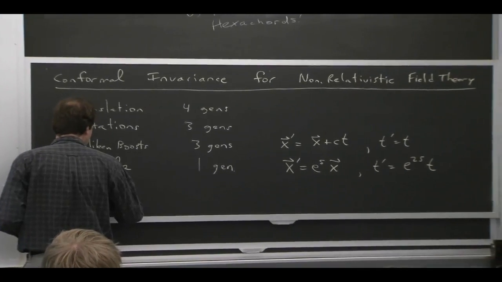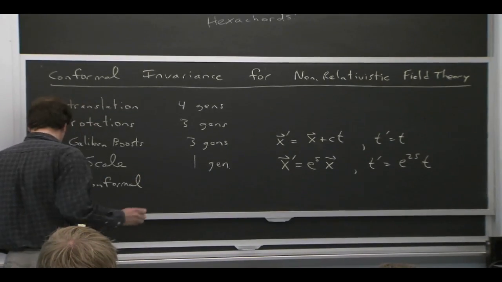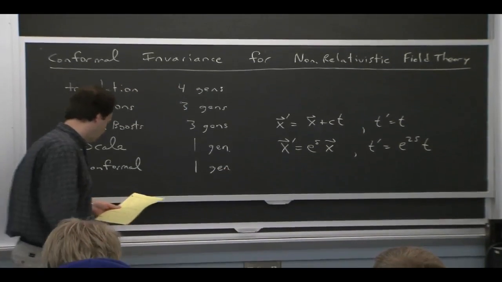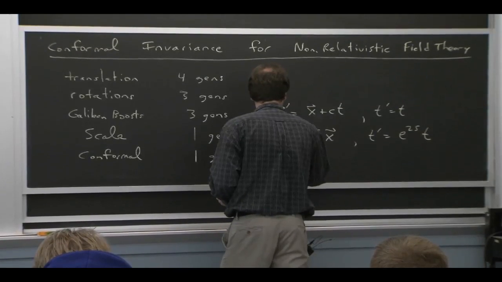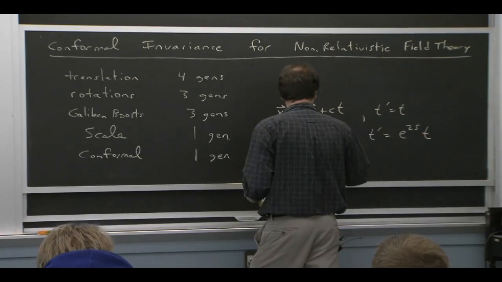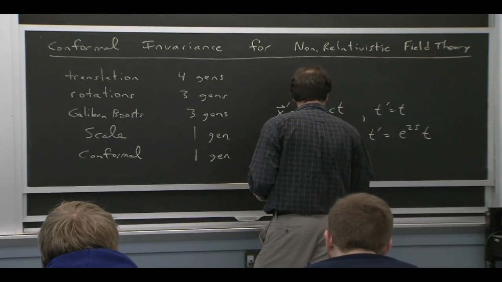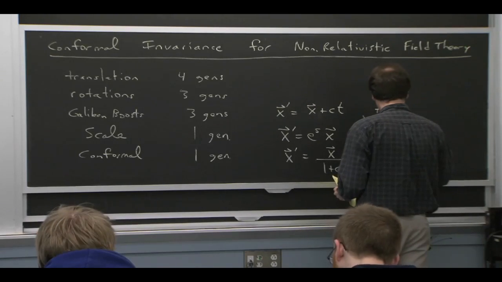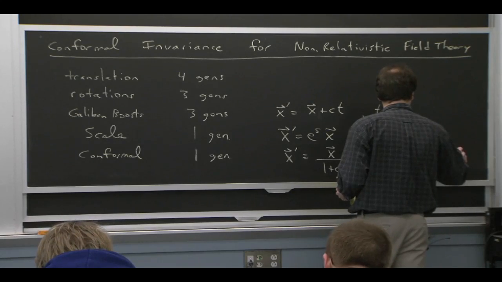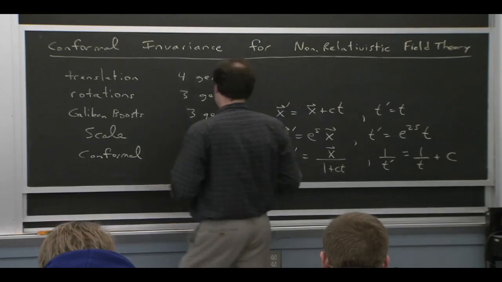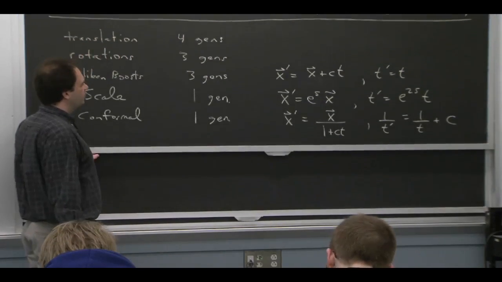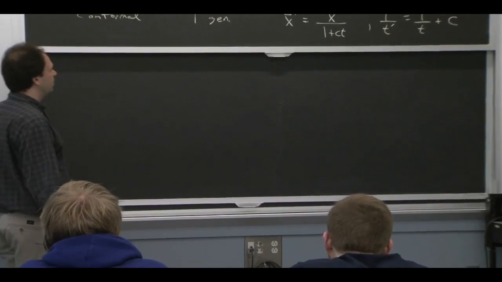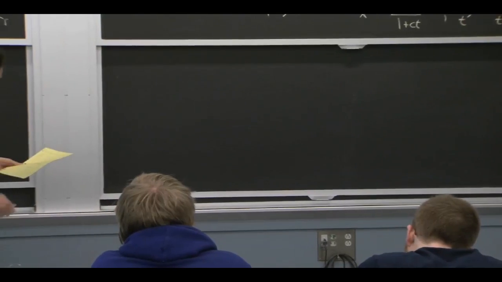And then finally, there is a conformal generator. And there's actually only one generator in this non-relativistic case. Basically what this generator corresponds to is a shift of inverse time and then a corresponding change to the coordinates.